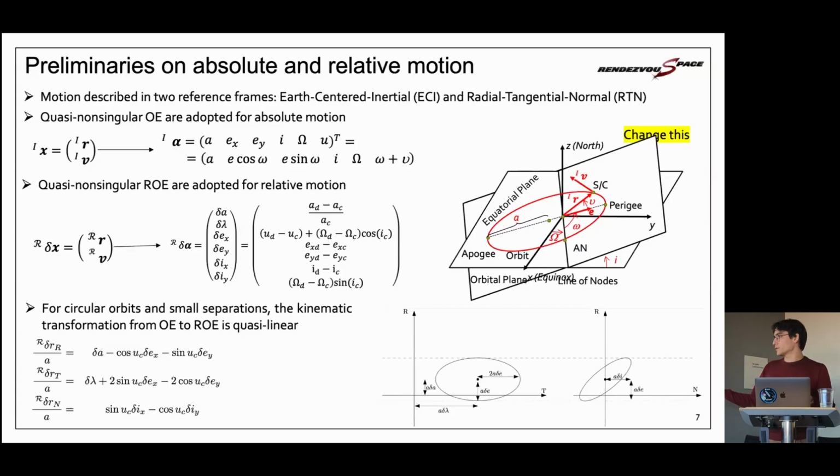In particular, the motion is an ellipse with a fixed orientation, whose projections in the RT and the RN planes, their shape and orientation, are a function of the ROEs.